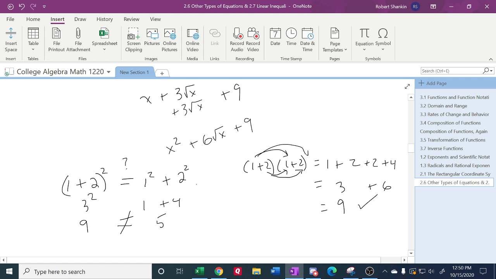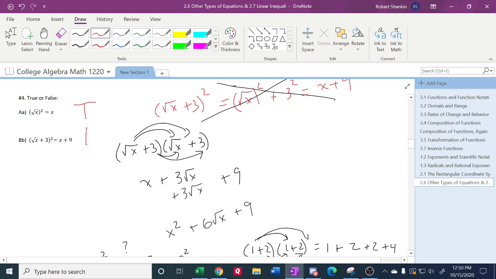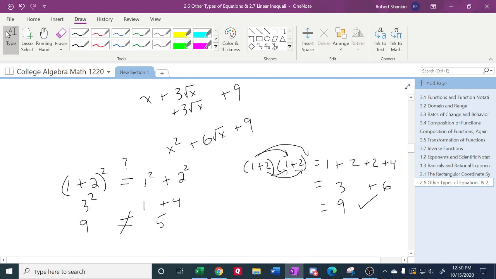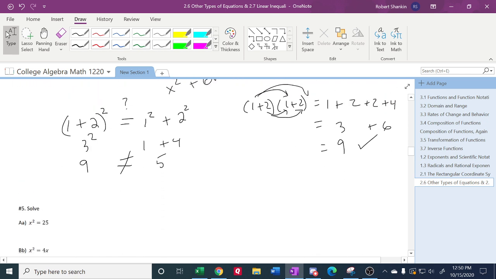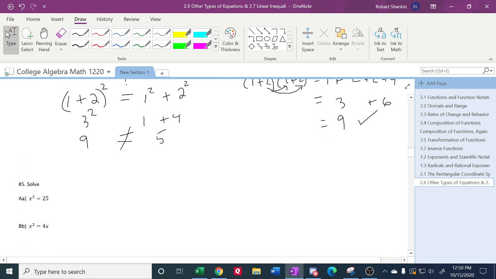So you have to be FOILing it out to get the right answer. So this one, false. Common mistake when we get to these square root problems. Okay, and let's go 5a and 5b. We have to do those two.